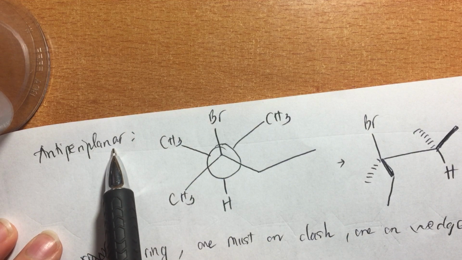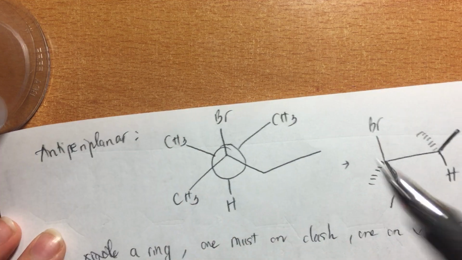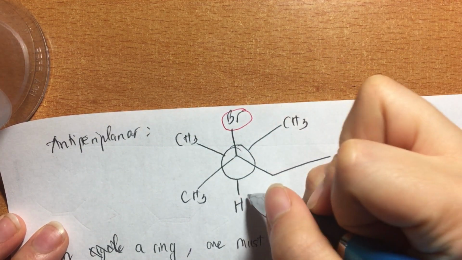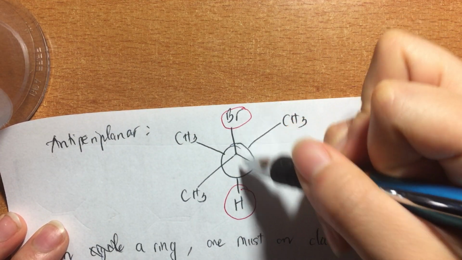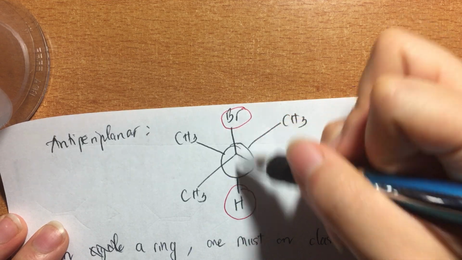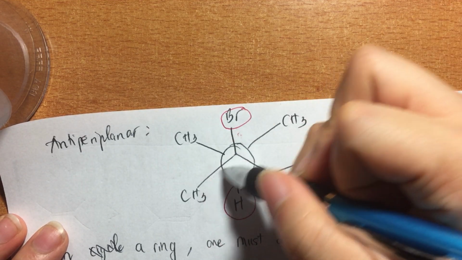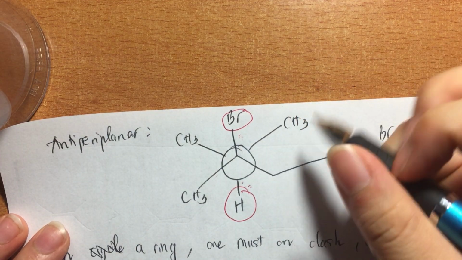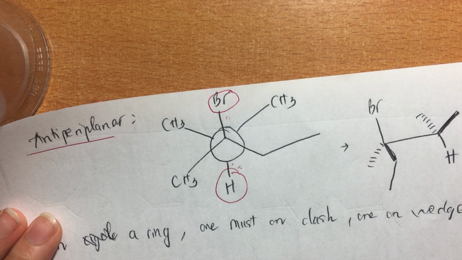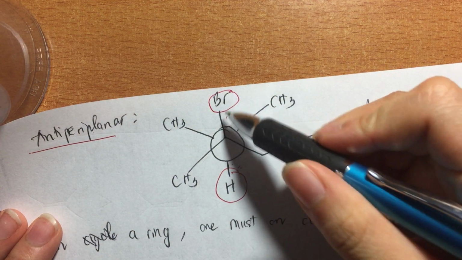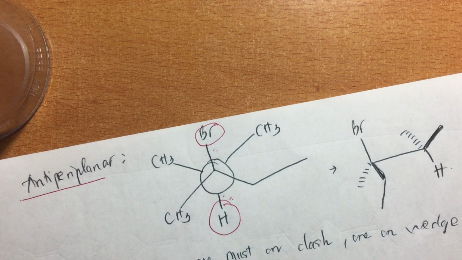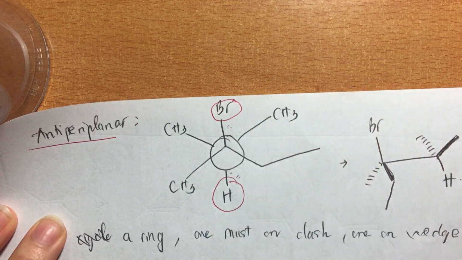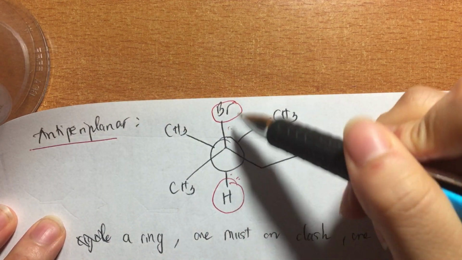The anti-periplanar configuration is when the halide, in this case bromide, and the hydrogen are in opposite positions. This is called the anti-periplanar configuration. In the Newman projection, the bromide and hydrogen are in opposite positions.